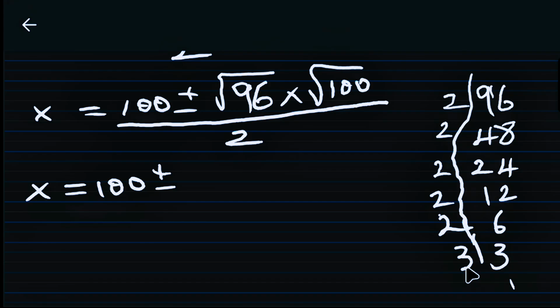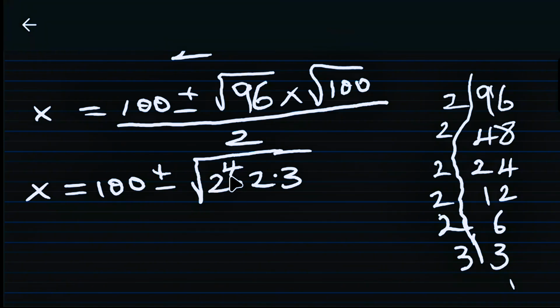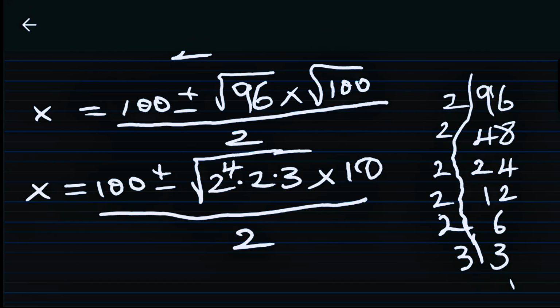So these are the factors of 96. So how many 2s do we have here? 1, 2, 3, 4. So we are going to write this as square root of 2 exponent 4, then multiplied by this remaining 2, then multiplied by this 3. So all this will give us 96. Then multiplied by square root of 100, which will give us 10. So we are going to divide this by 2.